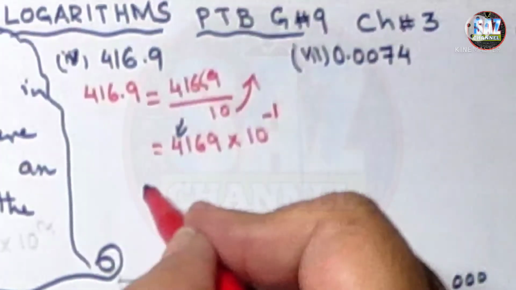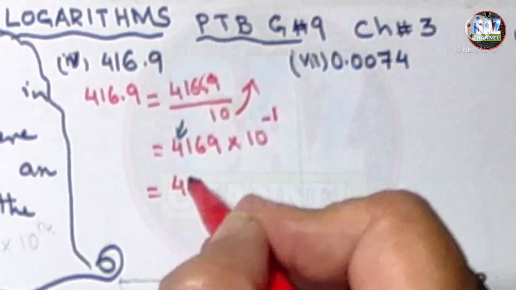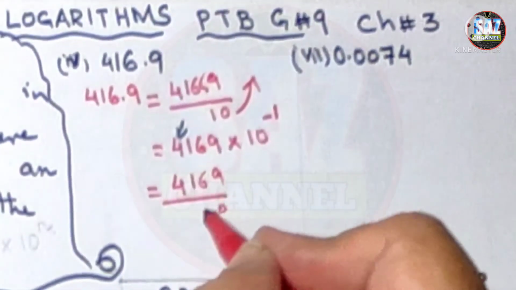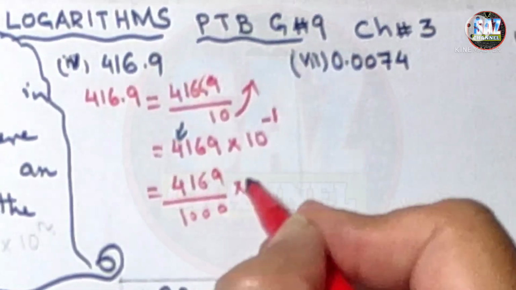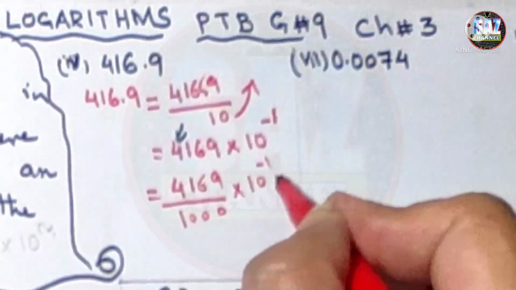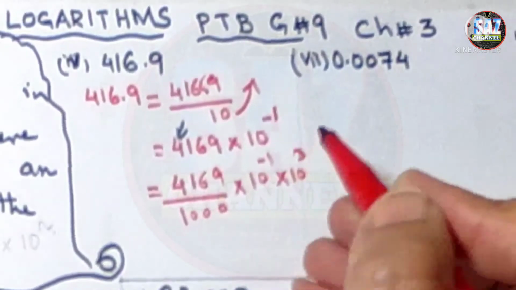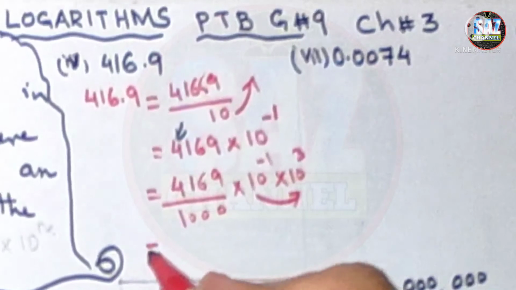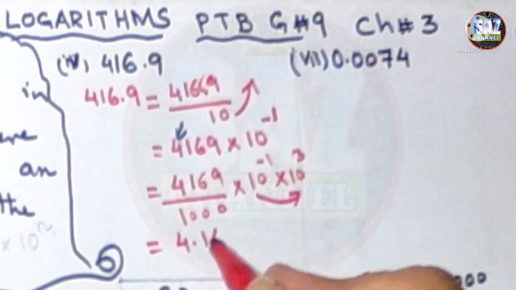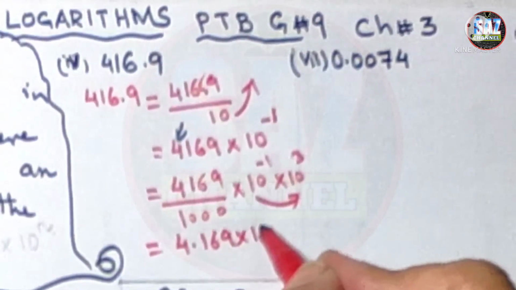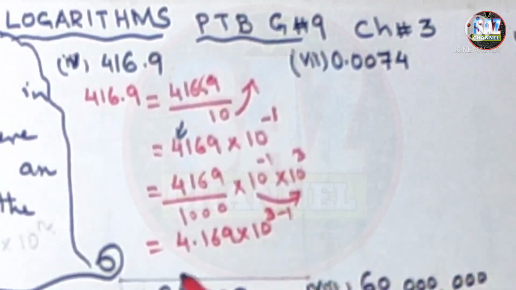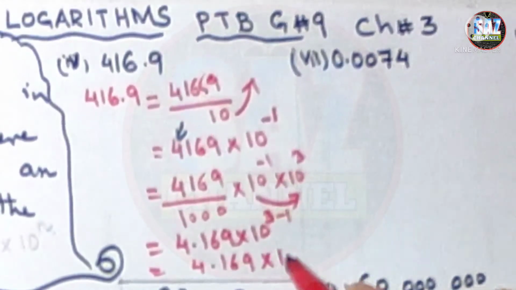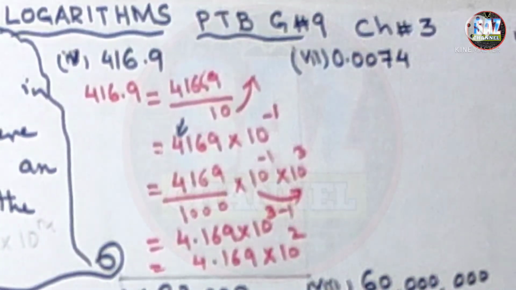Or what we can do is that I can divide this number by 1,000, and I have to multiply this number by 1,000, and 1,000 as the index notation, 10 raised to the power 3. Now look, these two are same, 4.169 multiplied by 10 raised to the power 3 minus 1, or 4.169 multiplied by 10 raised to the power 2. I hope really easy questions.